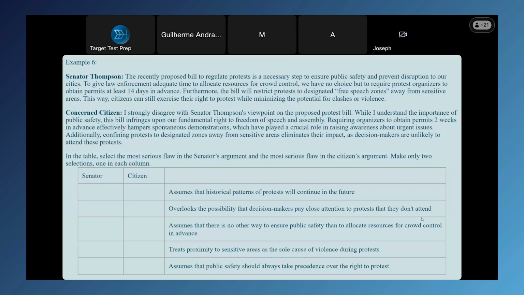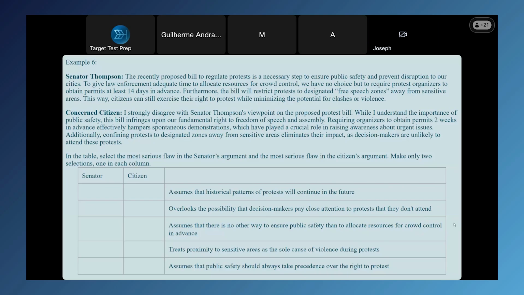Without these things in this proposed bill, public safety will not be ensured. So C is a logical flaw in the senator's argument. There could, in fact, be other ways to ensure public safety than to allocate resources for crowd control 14 plus days in advance. D treats proximity to sensitive areas as the sole cause of violence during protests.